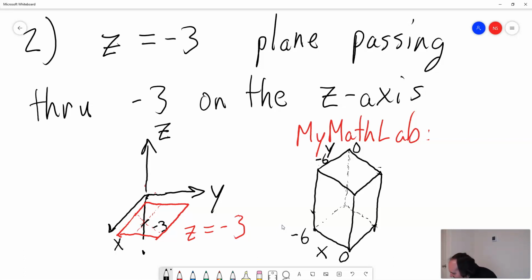And then of course z is going to be the vertical axis. And for z, it's going from 0 to -6 as well. I think the reason they did it this way is because on the z-axis, -3 is halfway between 0 and -6. And then for the x and the y-axes, they did the same thing because it's a cube, and a cube has to be the same length on each side.